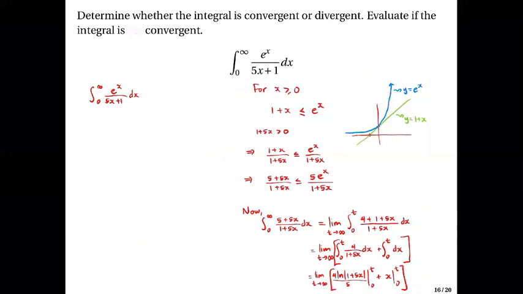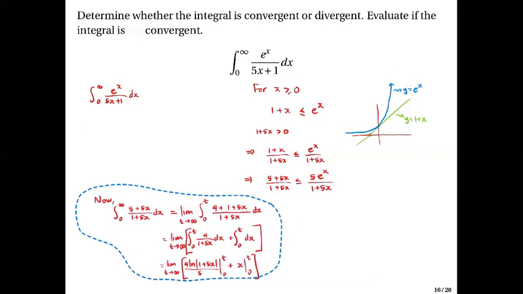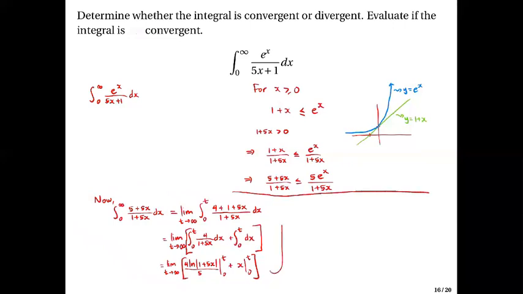Actually, I'll just move this part here. Is it just that part? Yeah, whatever. I'll just move this part. And then evaluating, we'll just have here equals limit as t approaches plus infinity.